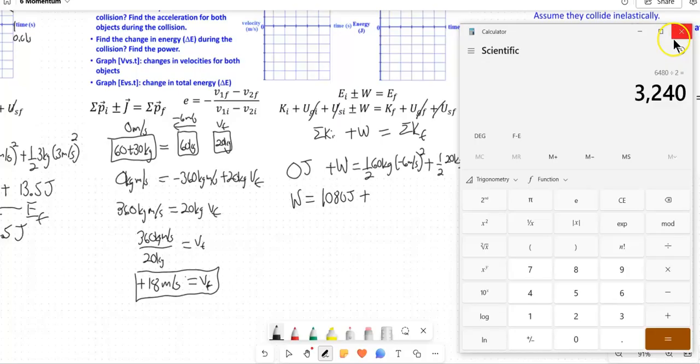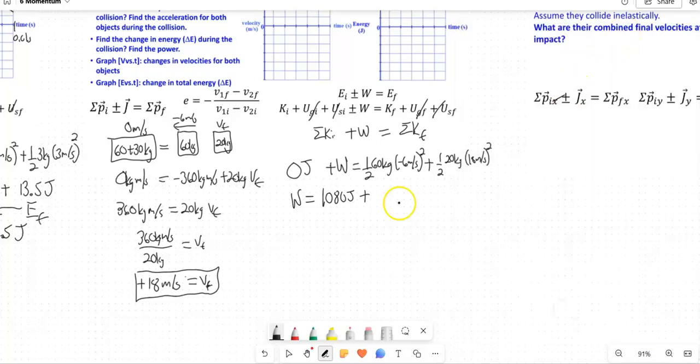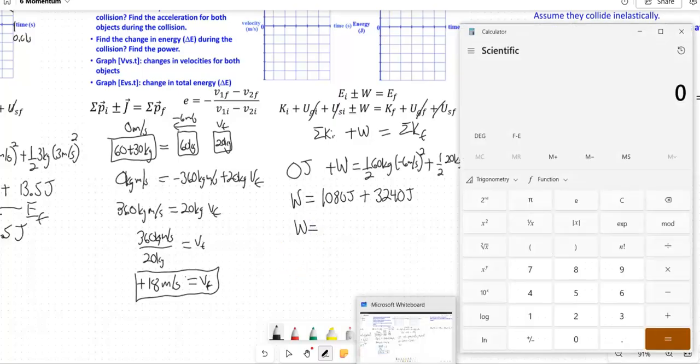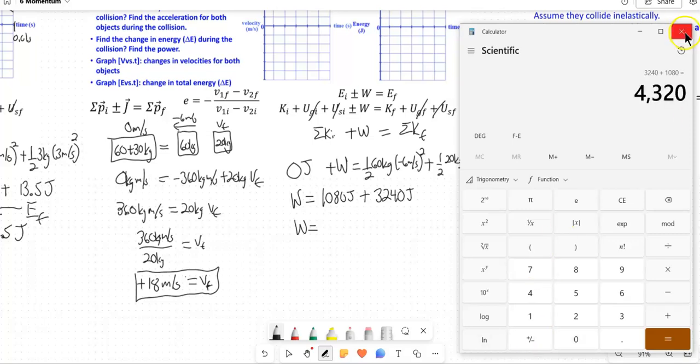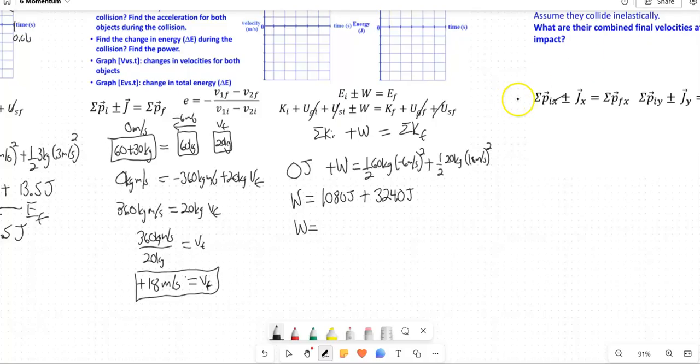So that's 3240 joules, which is enormous. So 3240 plus 1080 is 4,320 joules of energy. Let me just double check that. Yeah, that looks good, which is positive.